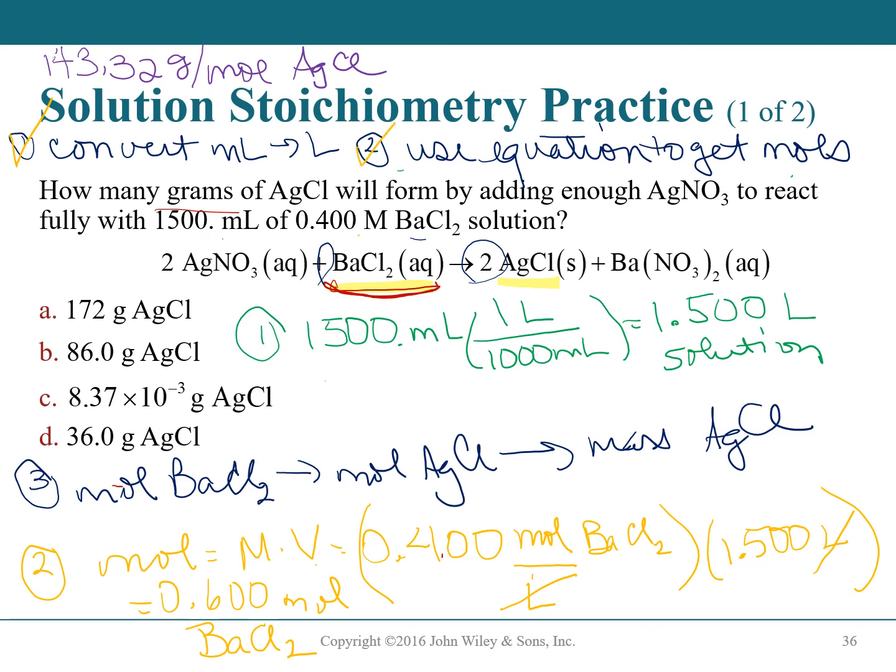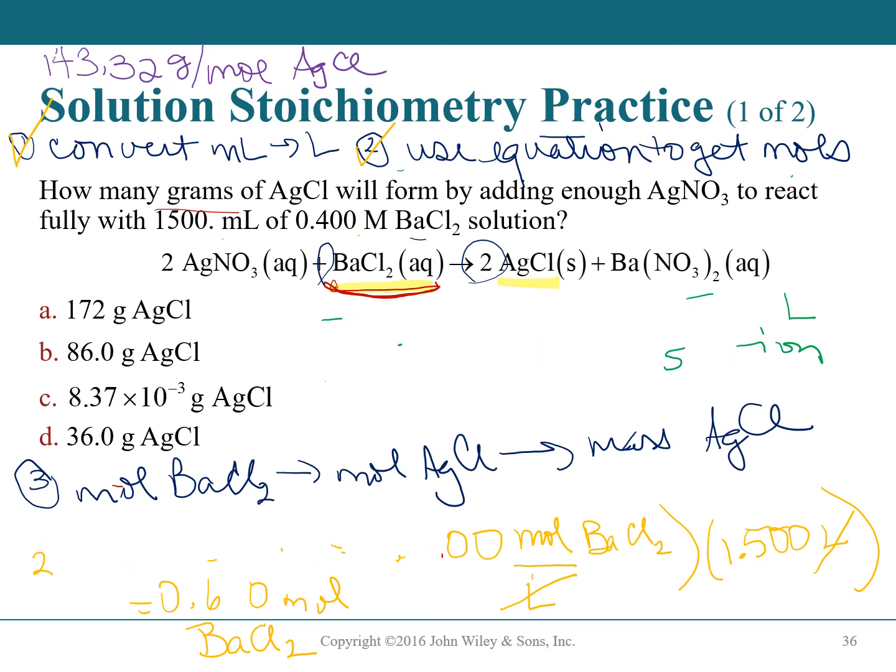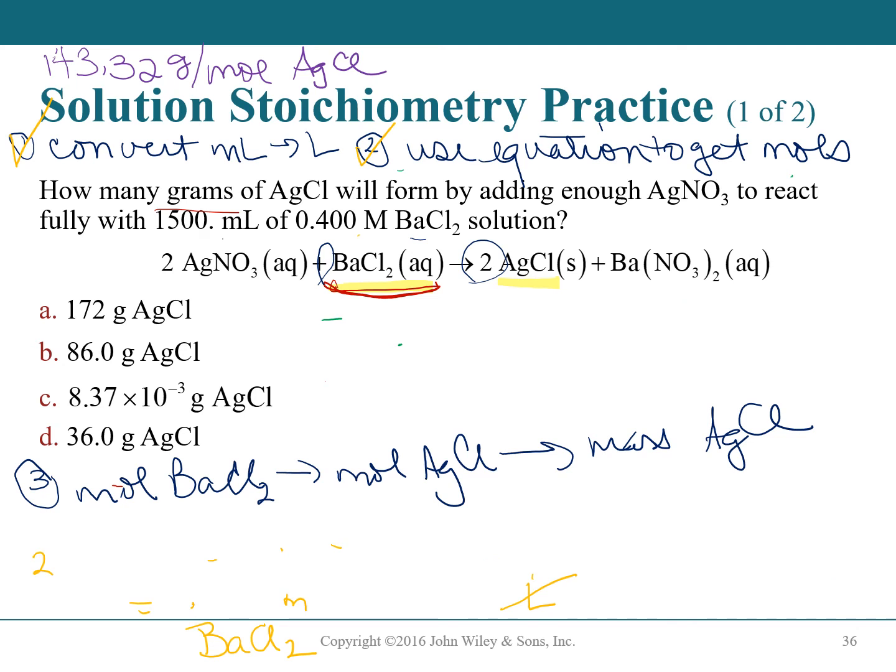So now let's do step 3. So step 3 will look like this. I finished just calculating. I had 0.600 moles of barium chloride.